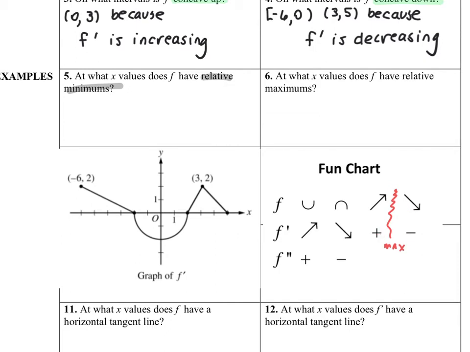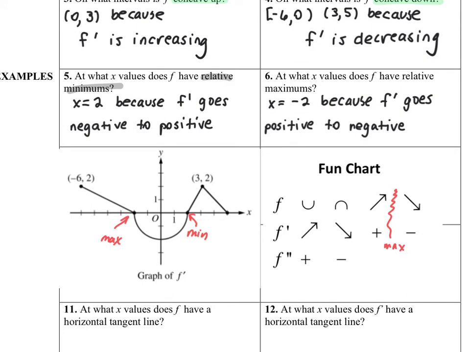In my graph, as I trace along, this is positive, and I switch to negative right here. So I go from positive to negative at the -2, and I go from negative to positive at the 2. The minimum is this one right here, where I go negative to positive. That's my min, and this one over here is going to be my max.